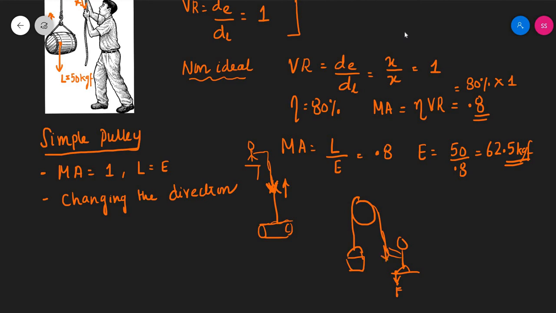So both your hands and legs are working, whereas in this particular case, your legs are not working and only your hands are working. You use a simple pulley to reverse the direction of motion, so that it's much easier for you. But still, you don't get any significant mechanical advantage in this case.